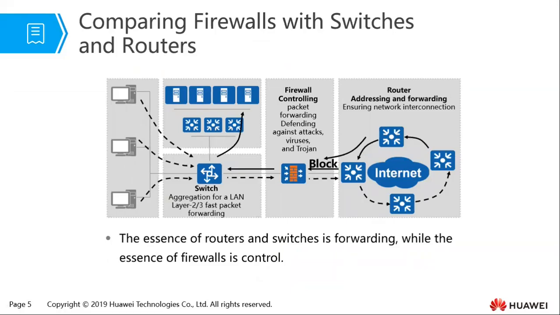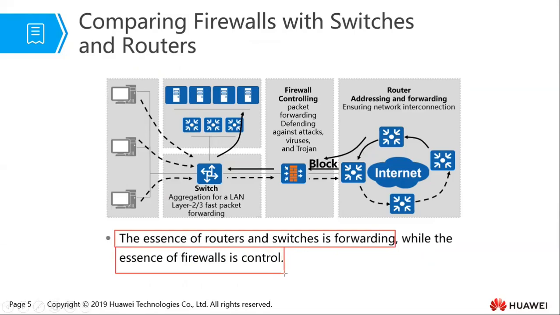Now, how can the switches and the routers compare to firewalls? While the essence of routers and switches is forwarding data, the main purpose for firewalls is to control data, to filter data, depending on some policies.